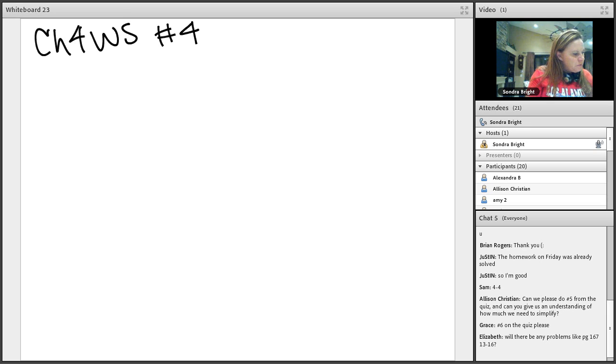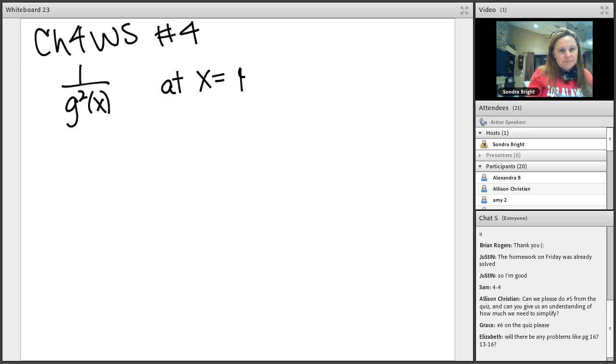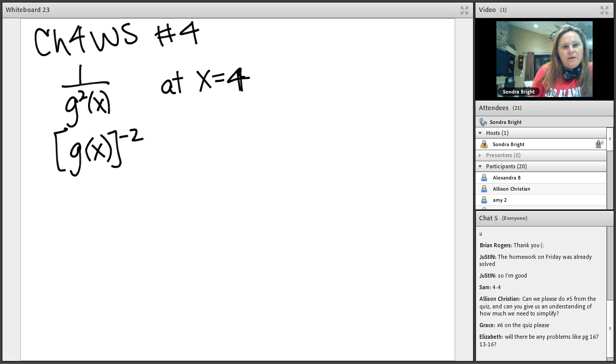Find the derivative with respect to x of the given combination at the given value of x. So they want you to find the derivative of 1 over g squared of x at x equals 4. Okay, so I think what I would do is write this as g of x to the negative 2 power, right? Because a negative says take the reciprocal.